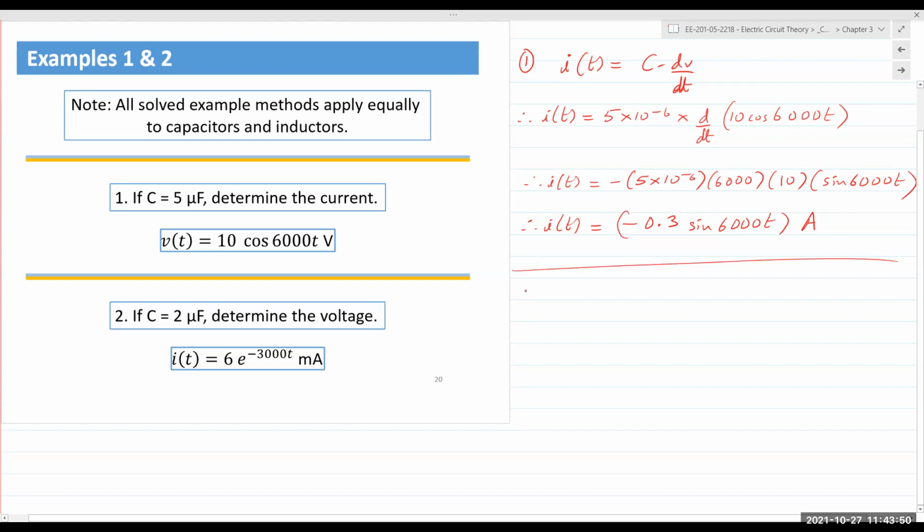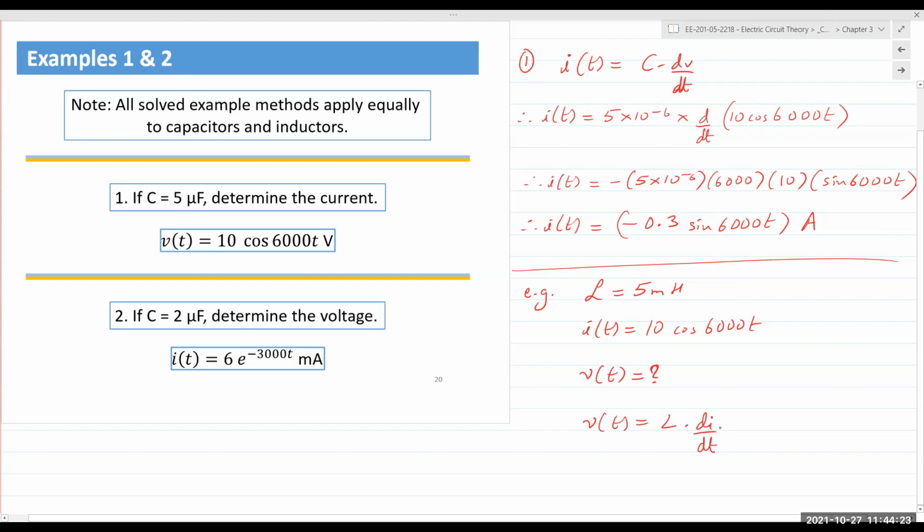The same problem could be asked for an inductor. Let's say the inductor is given to you as 5 millihenry, and I of t was given to you as 10 cos 6,000 t. Find V of t. And of course, V of t for an inductor is L times di over dt.